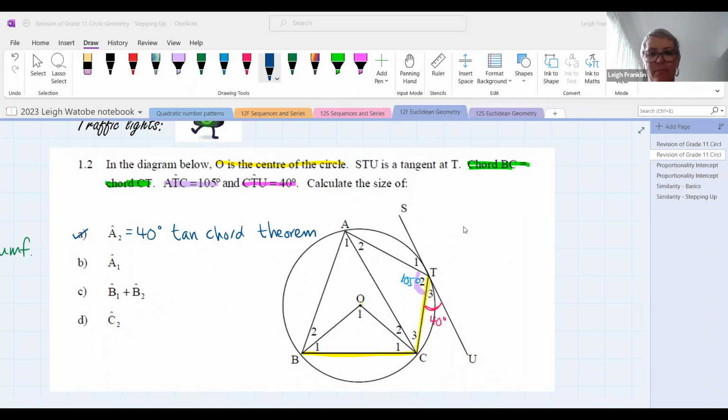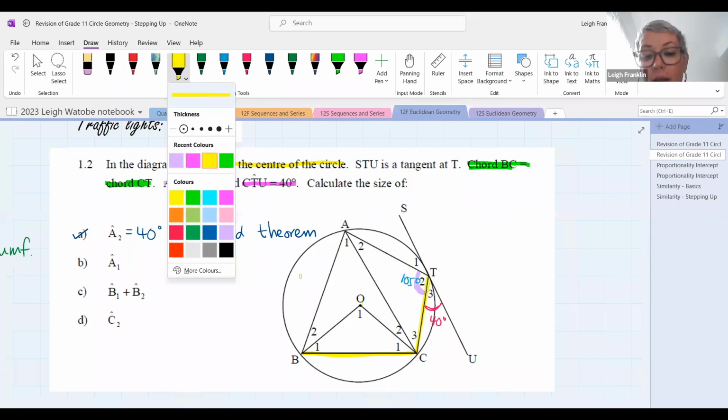Ma'am. Hi, Faheen. Ma'am, can you please explain how you get to 40 degrees? Because I'm lost here. Okay, Faheen, it is tan chord theorem. That's the reason why. Over here, I'm just going to highlight it for you in yellow again.